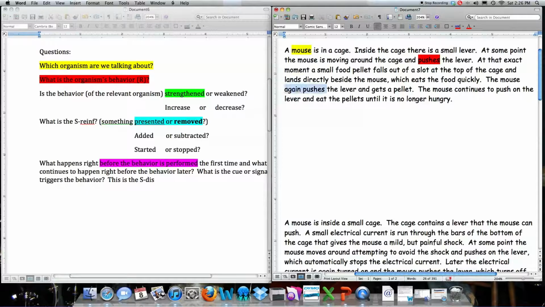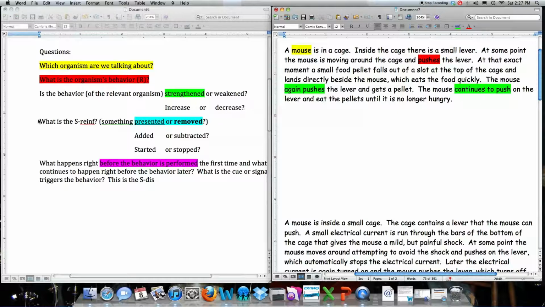Again, it pushes on the lever, and I think we can probably safely say that it's strengthened, it continues to push. All these little phrases like that I'm putting in green to show that the behavior was strengthened. Organism, mouse, behavior, pushing on the lever, and continuing to do that means it's reinforced.